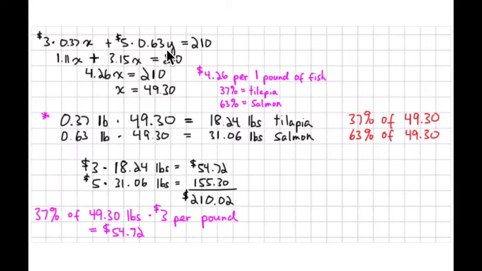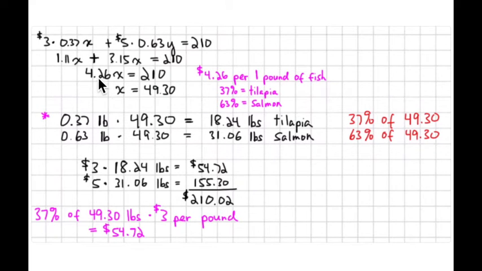And 63 hundredths of a pound of salmon at $5 a pound, that's going to be $3.15. Add those two numbers together, that's the average cost for 1 pound. It cost me $4.26 to buy 1 pound of fish, of which 37 hundredths of that is tilapia and 63 hundredths of that is salmon.